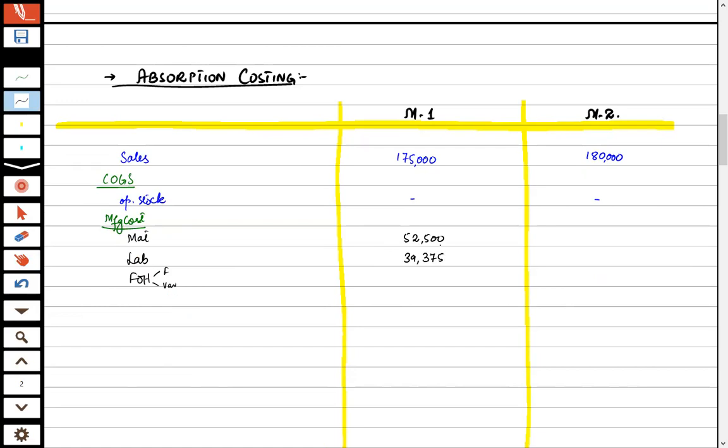Variable FOH 0.75 into 17,500, I am writing it separately. Let's do it this way: variable FOH, fixed FOH. This will give you a more comprehensive understanding. Variable FOH 13,125 and fixed FOH 21,875.